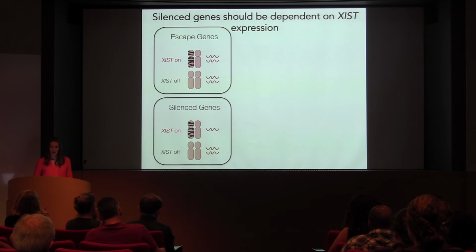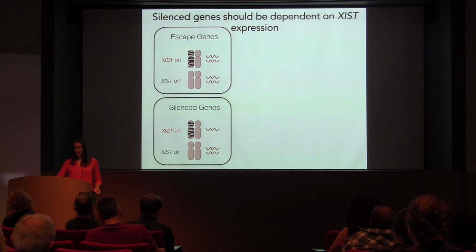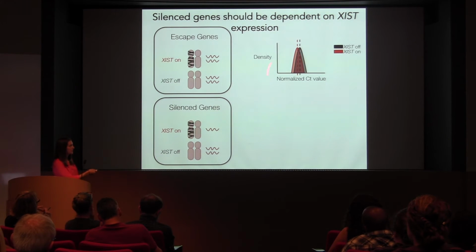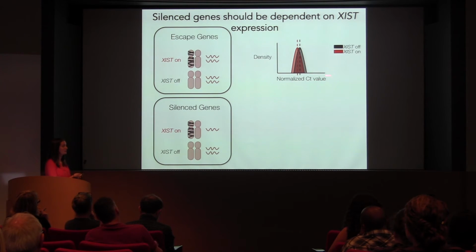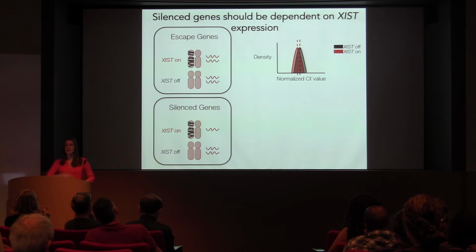So if we looked at the expression of this gene in two different populations, you might expect something like this. For an escape gene, the populations should look identical. What I'm showing here is a density histogram of the normalized expression value. The mean value of cells shouldn't change. We always get the same expression whether XIST is on or XIST is off, so the density should look the same.